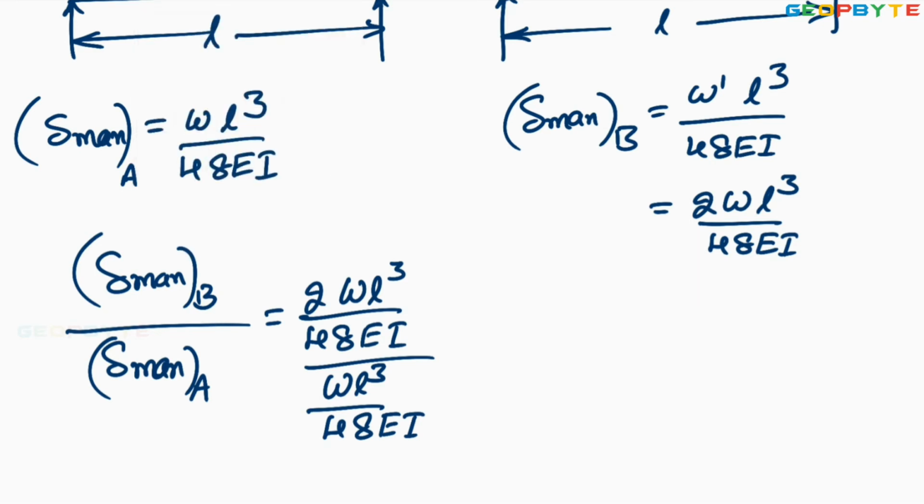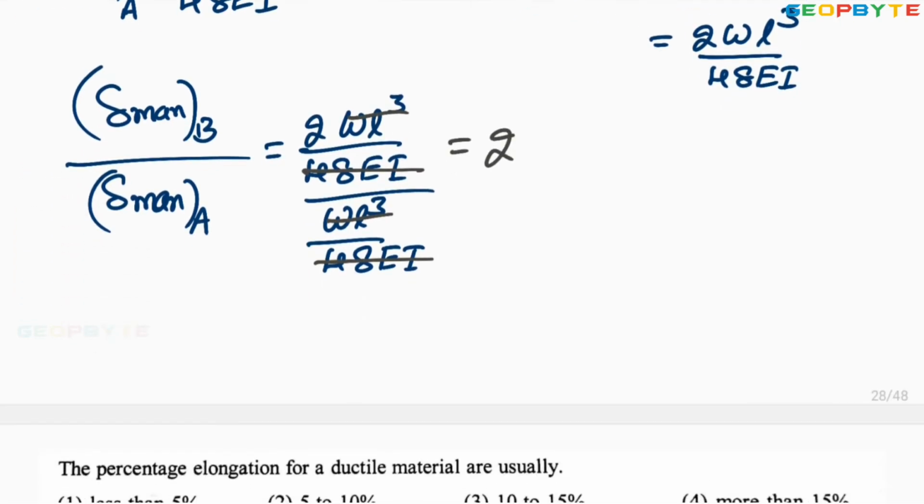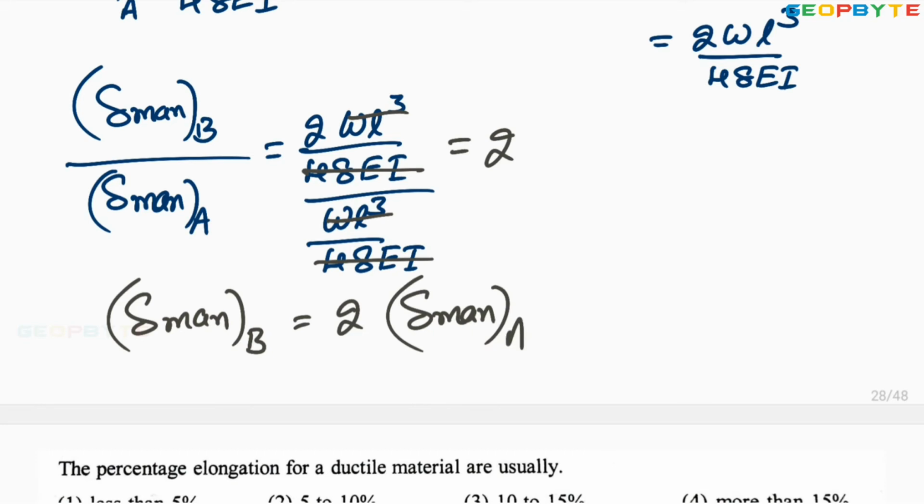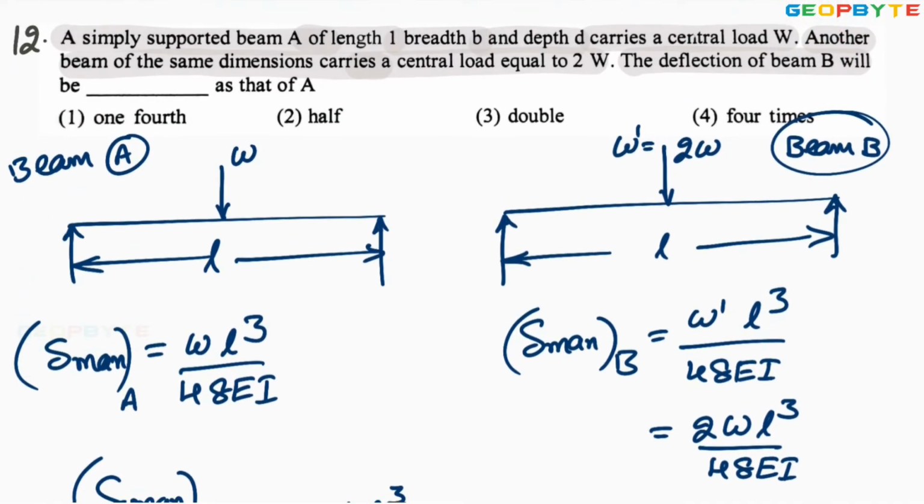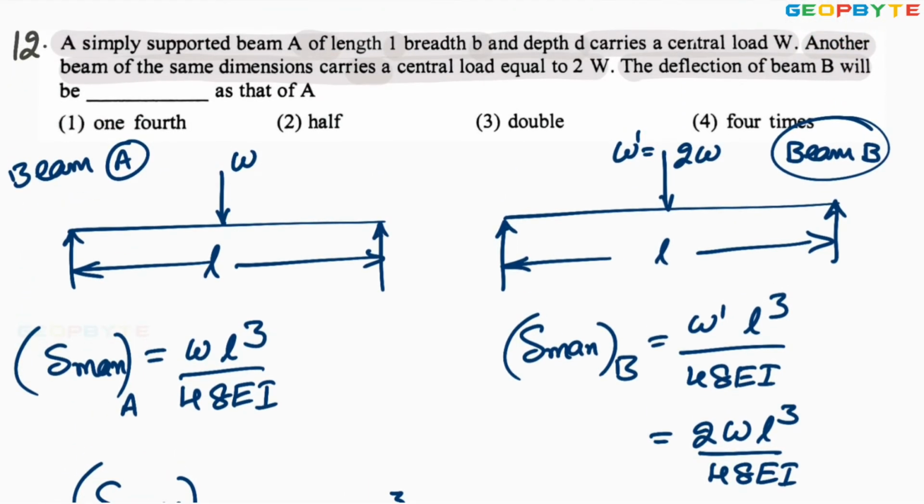So this 48 EI is cancelled, W L cube cancelled, finally it is equal to 2. Therefore, the maximum deflection of the beam B is equal to 2 times the maximum deflection of the A. So this is the relation. Look at the options. So look at the option C, double.